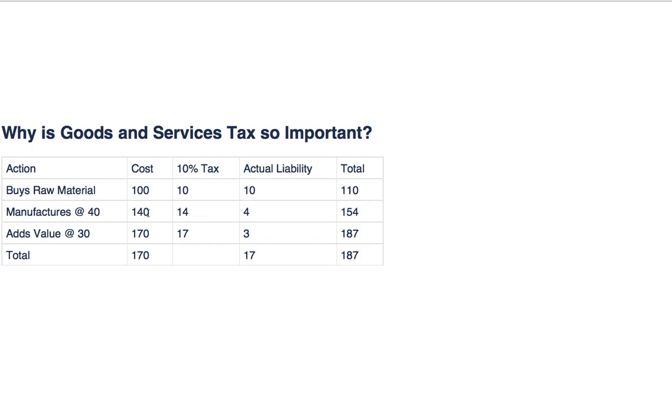So the total cost of the product becomes 140, but he also has to pay 10% of tax. So he has to pay 14 rupees of tax, so the cost of the product becomes 154. And then so on it goes to the retailer, and he has to pay another 10% tax. So to sum it up, at each stage they had to pay 10% of tax.